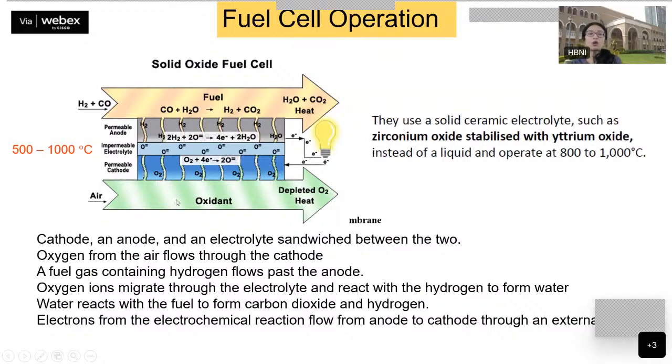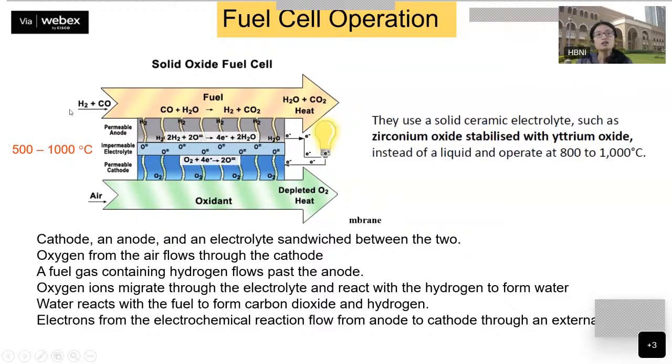So how does the fuel cell operate? Over here, this is a solid oxide fuel cell which I have shown. Here you use a solid ceramic electrolyte like zirconium oxide stabilized with yttrium oxide instead of a liquid. And as I said, the operating temperature is very high, around 800 to 1000 degrees centigrade. You have a cathode, an anode, and an electrolyte sandwiched between the cathode and the anode. Oxygen from the air flows through the cathode.